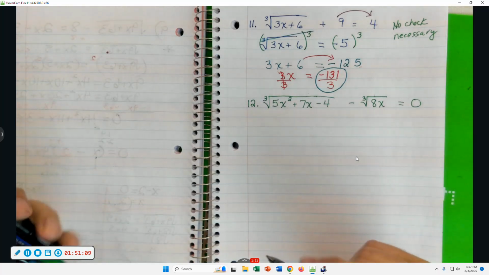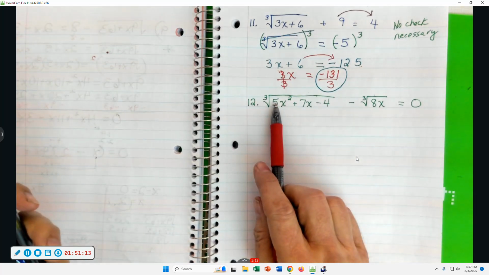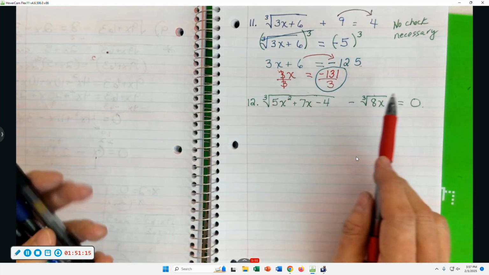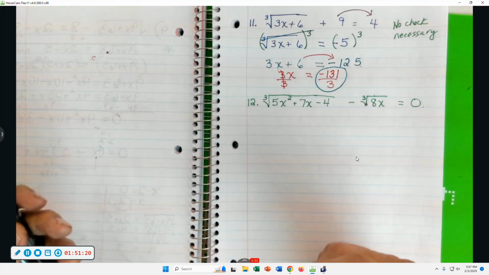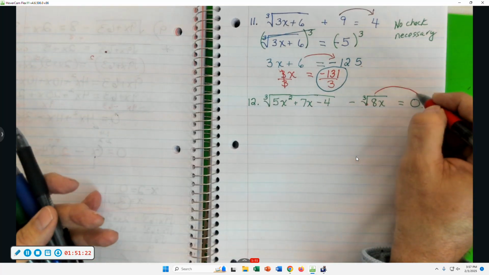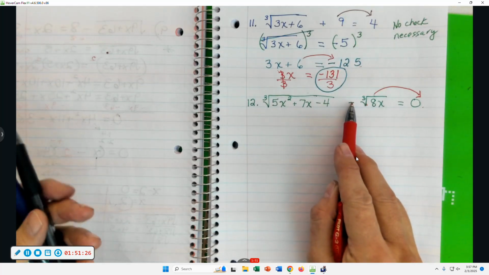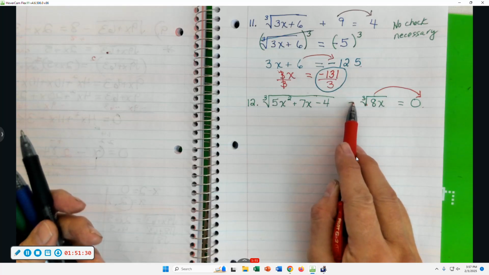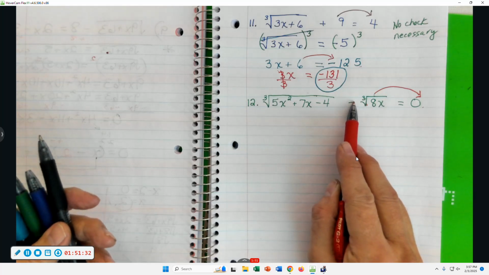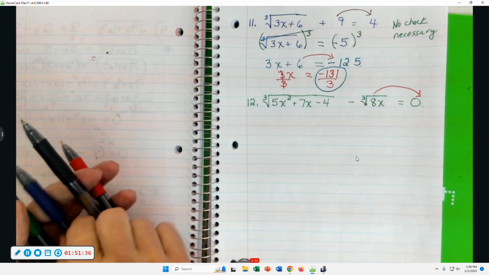Would y'all move this big radical over to the right, or would it be smarter to move this small one over to the right? Why are you saying that? Well, I think we're going to have fewer negatives. If we move the cube root of 8x to the right, it would be a positive.